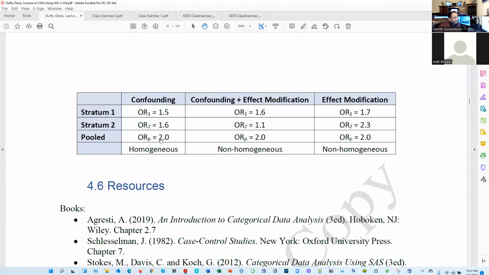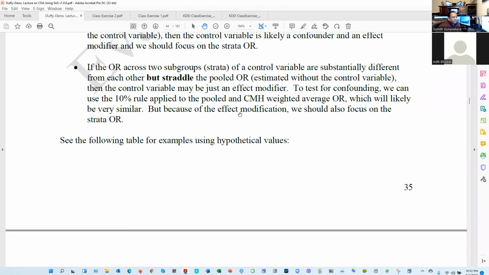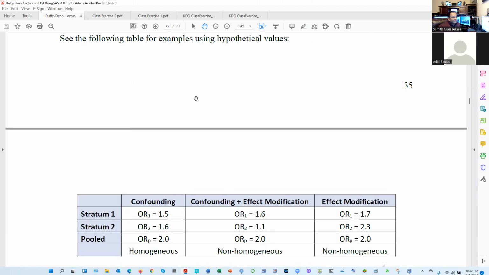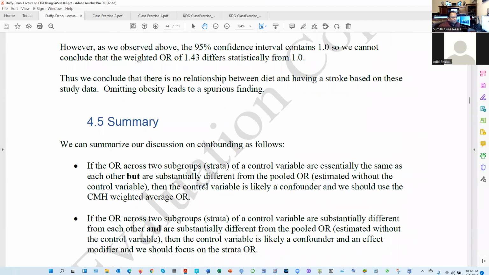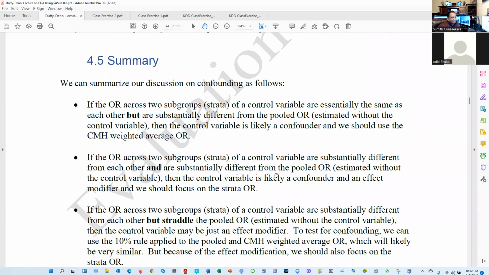It's been compared with that one. If it is a confounder, then you cannot use that OR. You have to go to the CMH OR. We're going to come to that one.